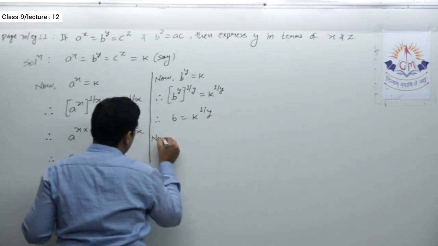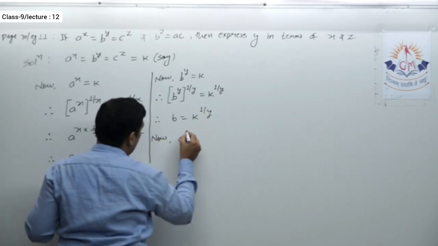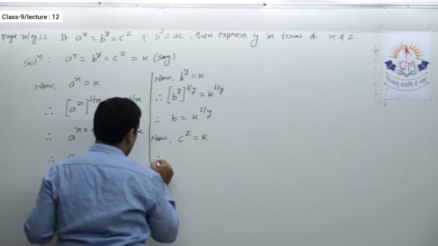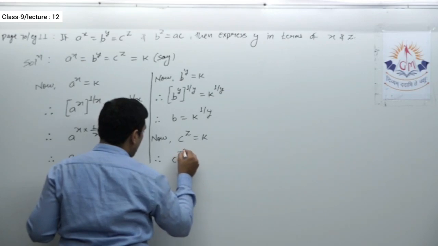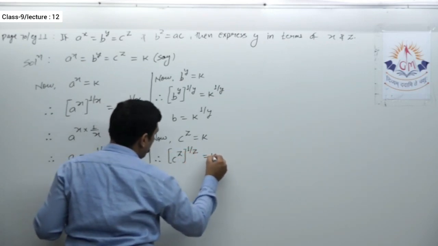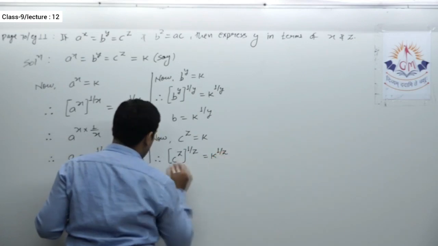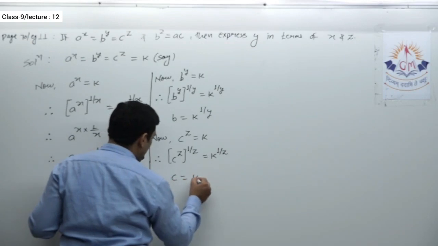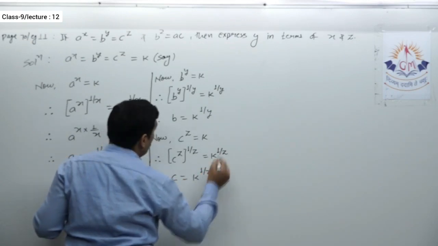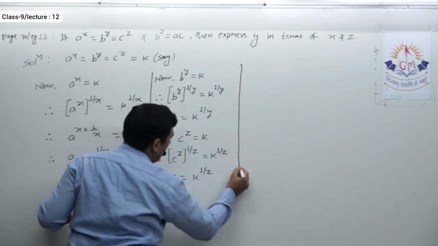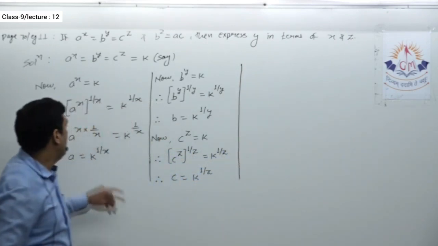On the similar basis I do get the value of c. So here c raised to z is equal to k, so I can write c raised to z raised to 1 upon z is equal to k raised to 1 upon z, which gives me c is equal to k raised to 1 upon z. So I got the values of a, b and c.